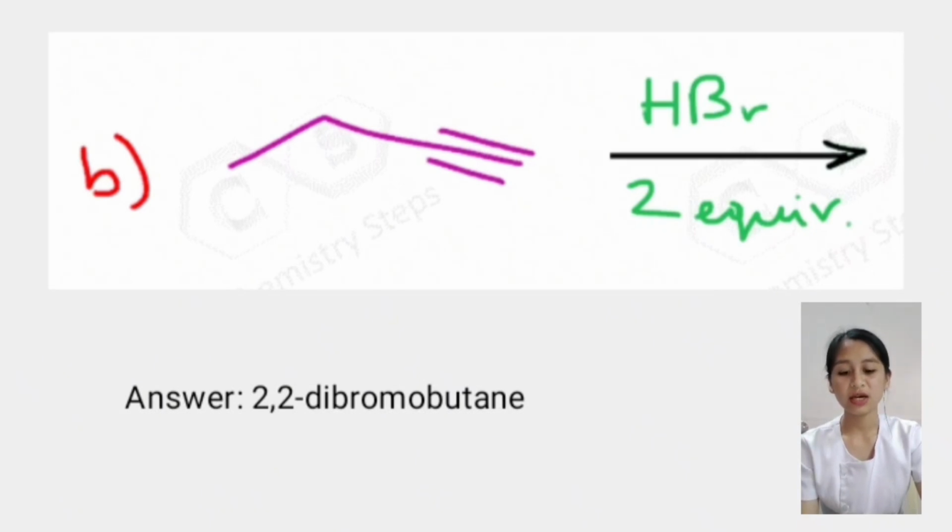This second addition is also Markovnikov's, adding another HBr molecule to the double bond of the intermediate to produce 2,2-dibromobutane. The final product is a geminal dibromide, meaning two bromine atoms are bonded to the same carbon atom.